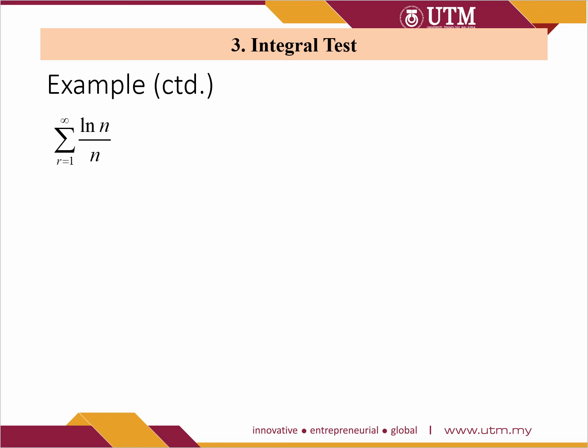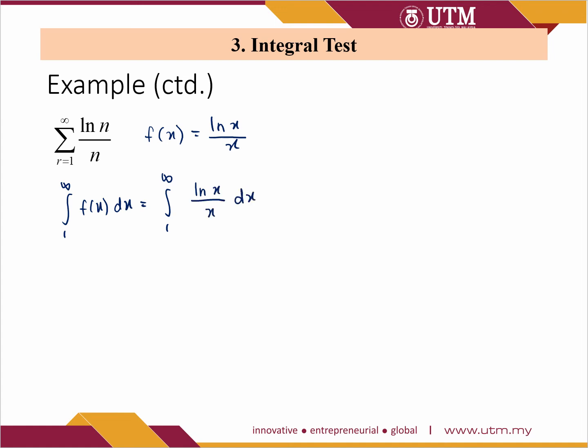So the function that is associated with this series is f of x equals ln x over x. Now using the integral test, we know that the integral of f of x dx from 1 to infinity would be equal to the integration of this function, ln x over x dx.